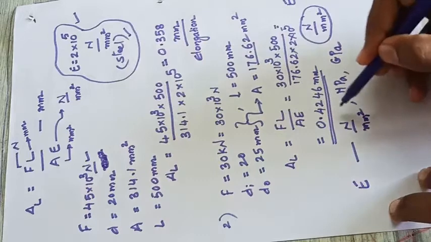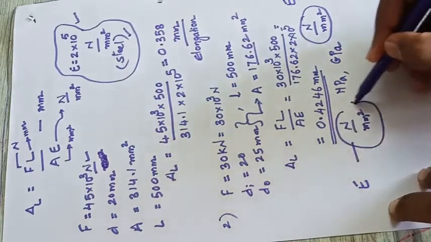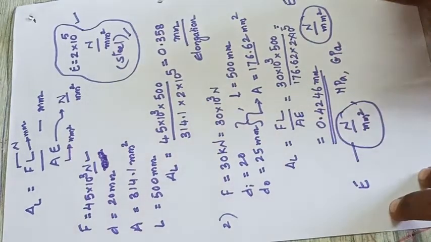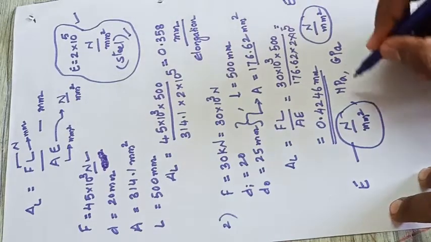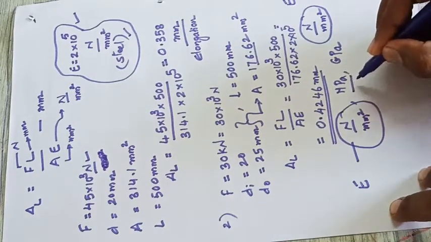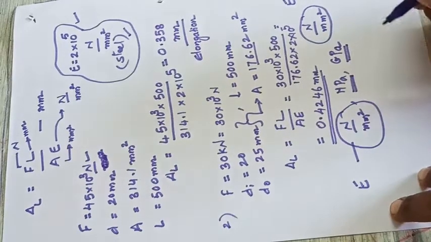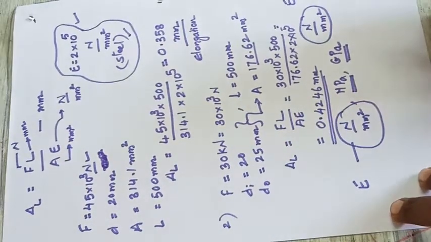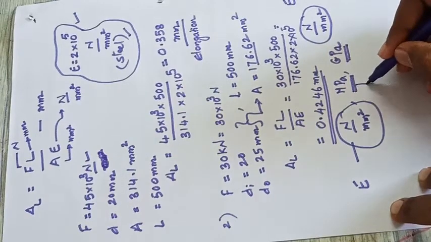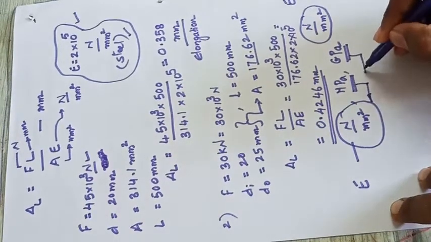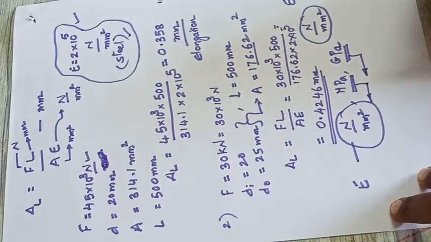Whenever it is given in Newton per mm square, we are not going to change any units. But when the unit changes to MPa or GPa, there is some trick to it. So I will tell you how to get MPa as well as GPa in terms of Newton per mm square.